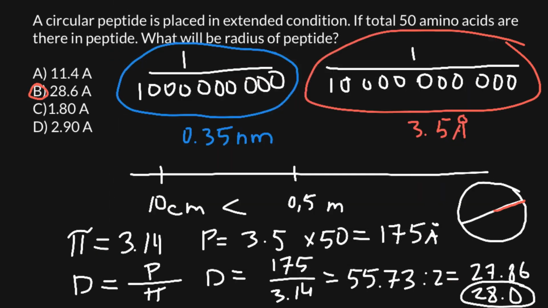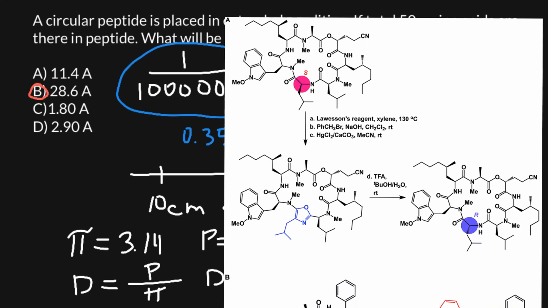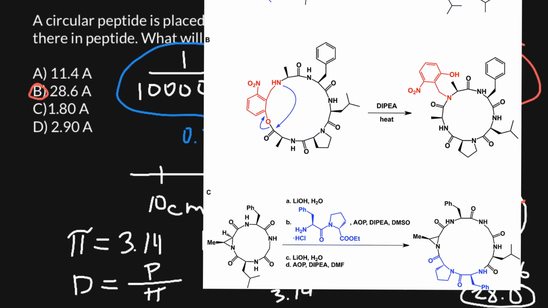And here are some examples of such circular proteins or peptides. As you see, here is a circle, here is a circle, and here is another circle, and here are more examples. This time this is a graphical representation.